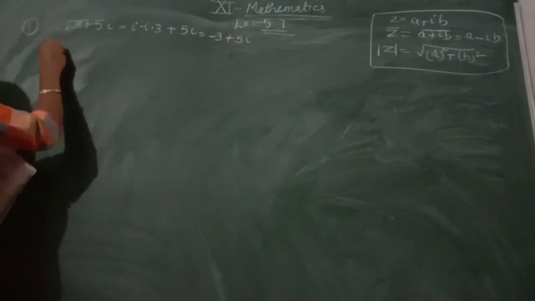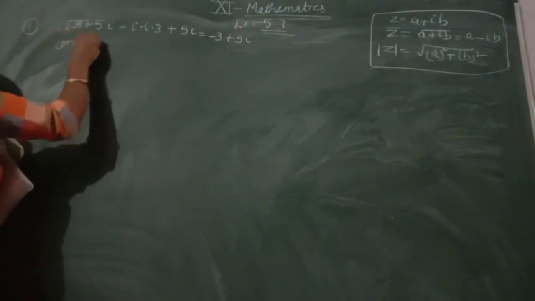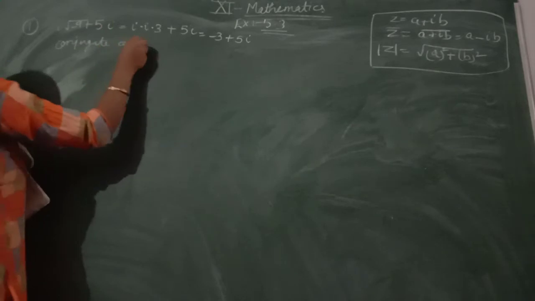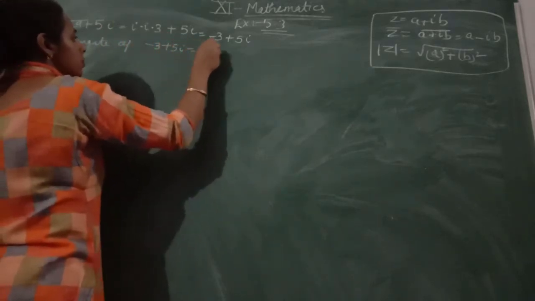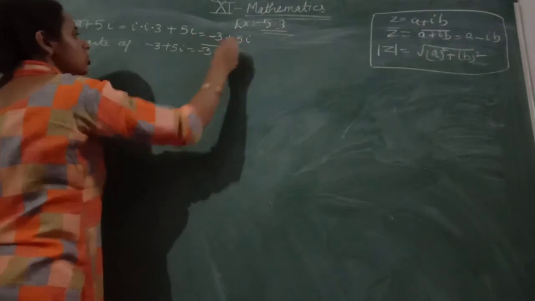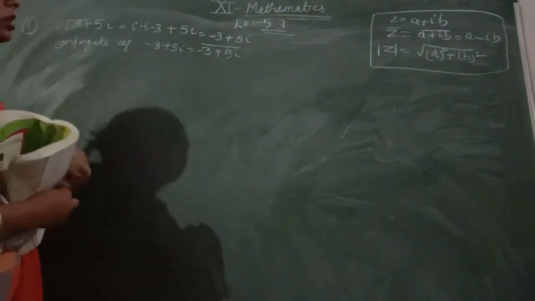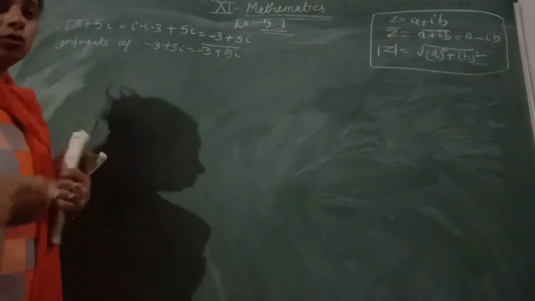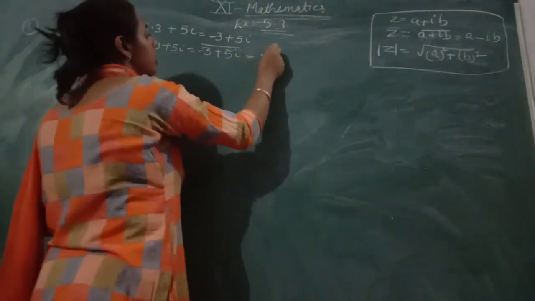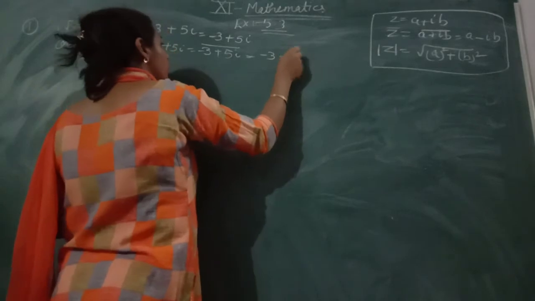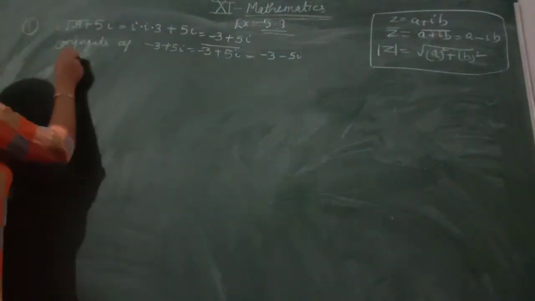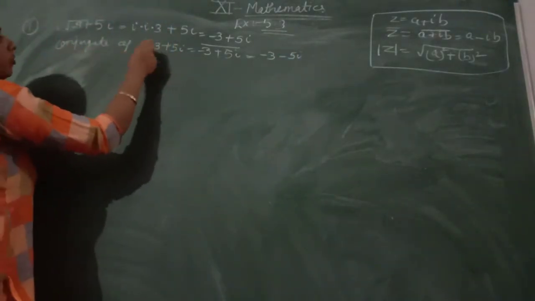Now you have to find the conjugate of this minus 3 plus 5 iota. The symbol means a whole conjugate, and as you know the conjugate affects only the imaginary part. Here the sign gets changed, so in place of 5 iota we have minus 5 iota. That is your answer. And how will you get the modulus of it?